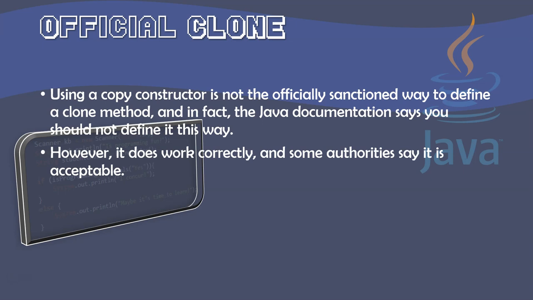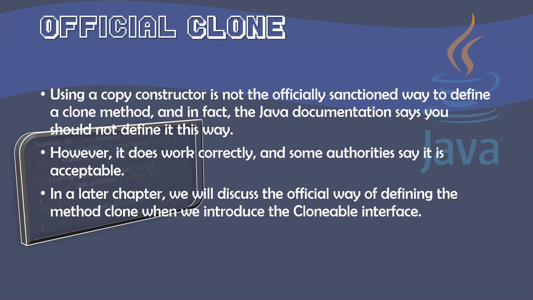And while it does work correctly, there are some people who say, yeah, it's acceptable, you could make it work. However, we're going to look at the official method when we look at the Cloneable interface, because the Cloneable interface is actually going to implement clone in a much more acceptable manner and a much better way for us to handle it in our programming.